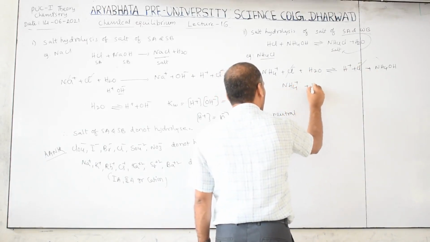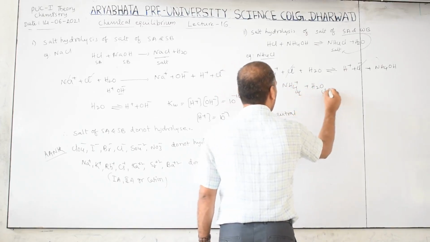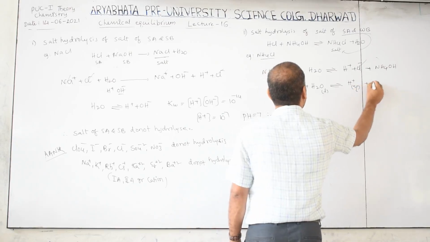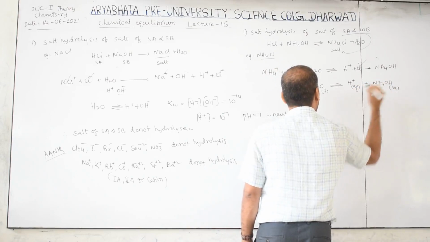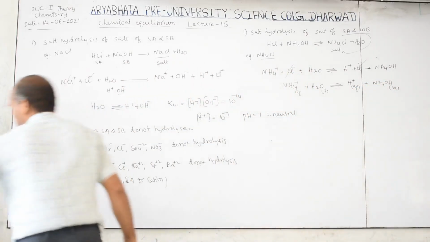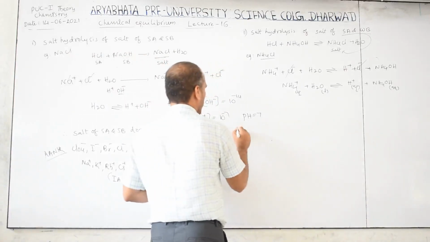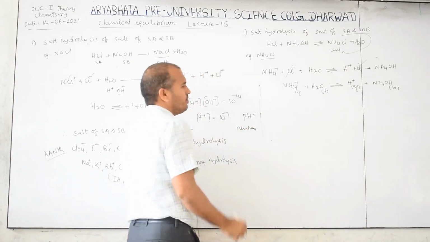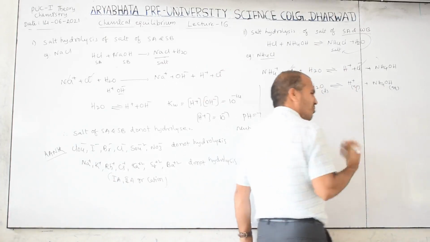NH4+ reacts with the water. These are in aqueous form. This is liquid and gives rise to H+ aqueous and NH4OH aqueous. Okay, now for this one, I want to remove this. You can write here neutral. So now keep in mind, this is a weak base.